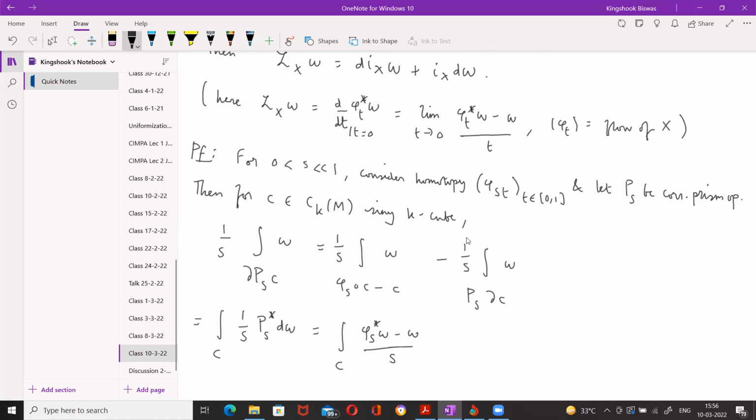And now this last term here, I can write as the integral over c of, so this P_s will become a P_s star omega here, and this boundary of c will become a d here. So this will become d of 1 by s P_s star omega.